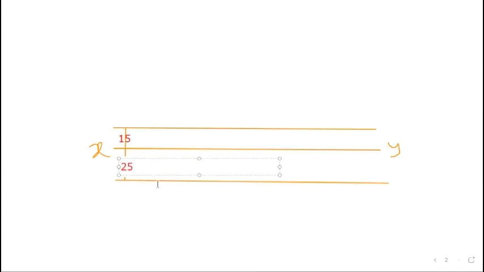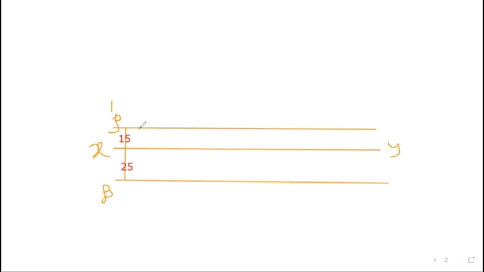Why take 15 and 25? You see in the problem P is 15 mm above HP, means its front view is 15 mm above XY. So this will be P dash and this is P. And its top view is 25 mm below XY. So first we draw the position of the point P.